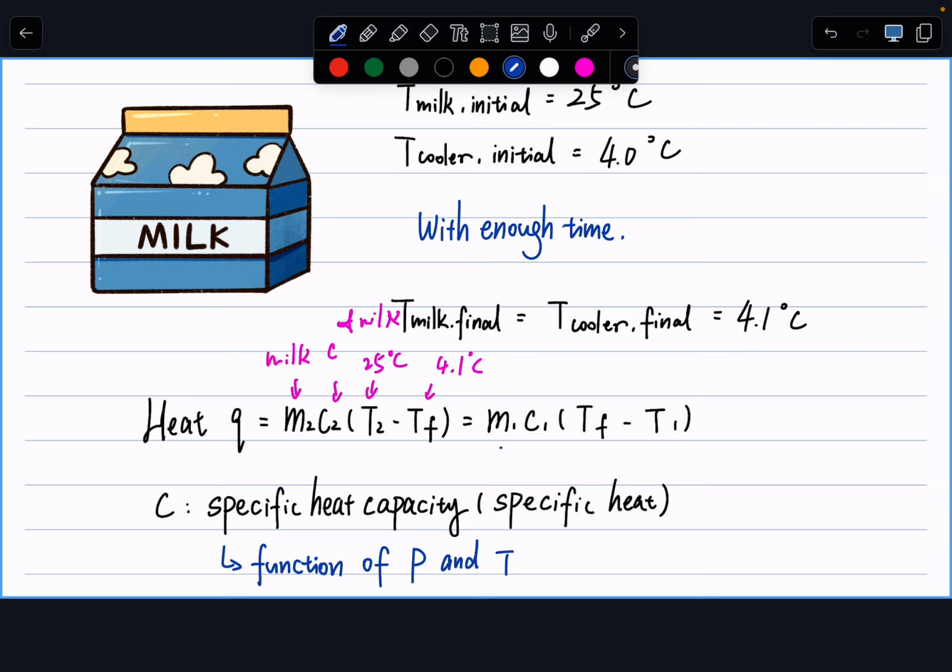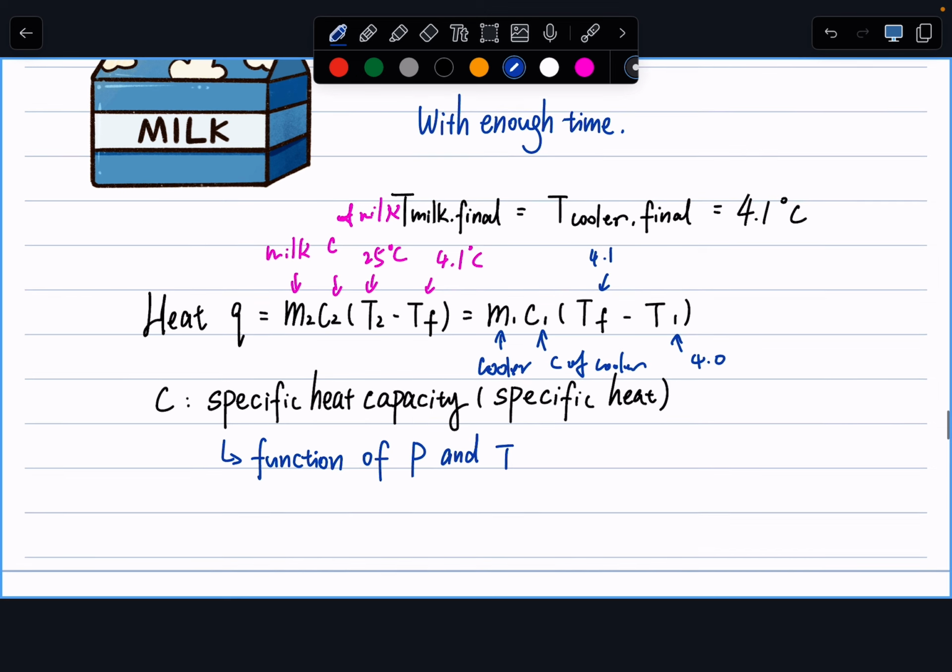On the other hand, the cooler is accepting heat. So this is the mass of the cooler, m1. My c1 is the specific heat of the cooler. My T final is again 4.1, and my T1 is 4.0. We'll talk more about heat capacity, but in this equation, that small c is a specific heat capacity.